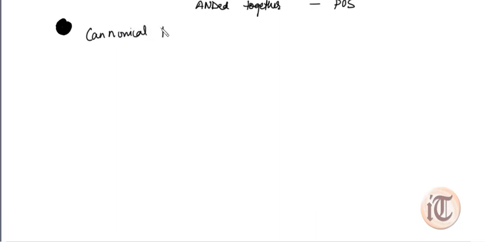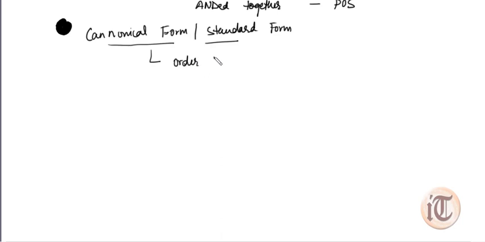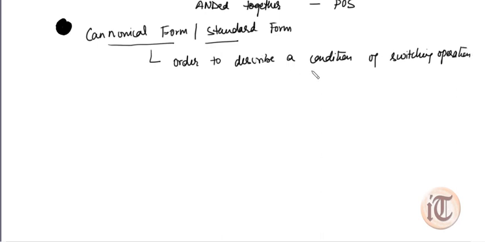The word canonical is used to describe a condition of a switching equation or switching operation. The meaning of canonical is conforming to a general rule. And what is the rule here?